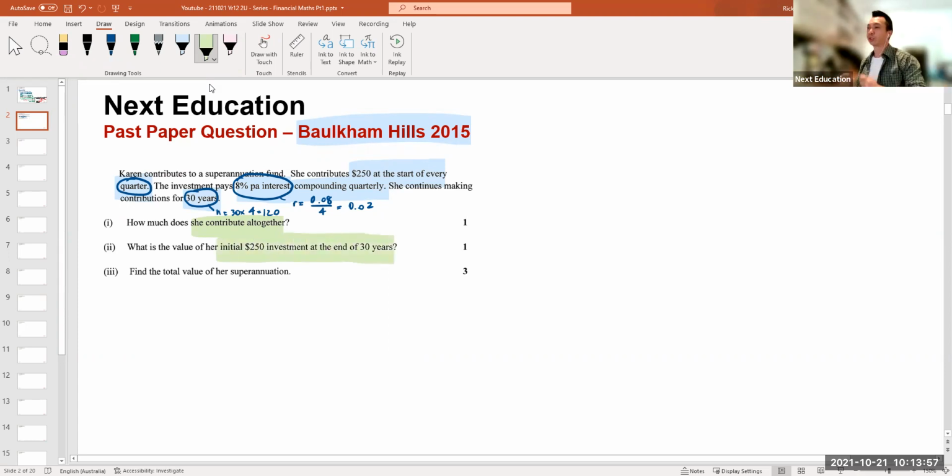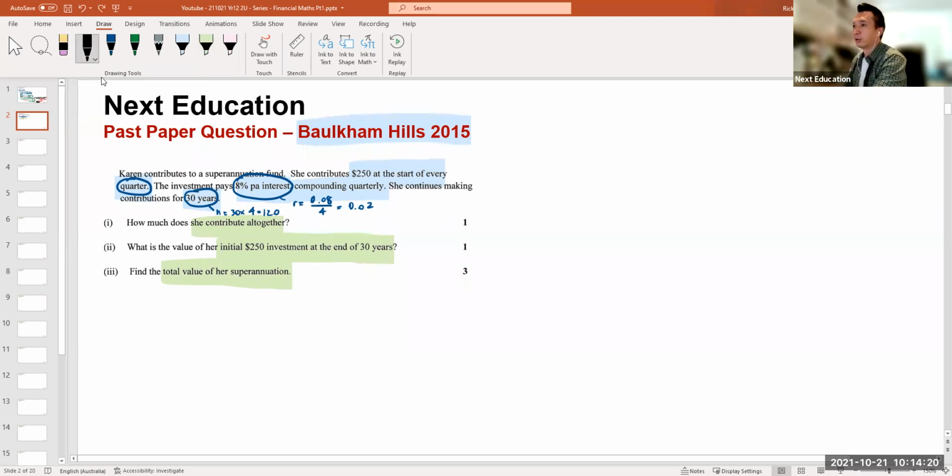She put in $250 at the start, just for that first payment, what's that value after 30 years? That's just simple compound interest, $250 for 30 years at 2%. And then the value of the, that's really the series question for part 3. You can tell by the mark allocation, that's 3 marks.